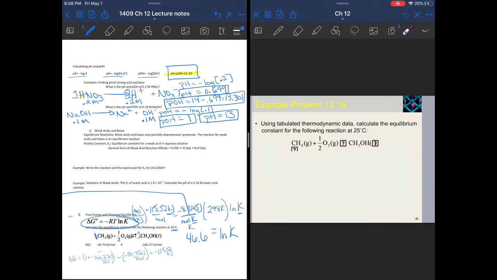To rearrange this to solve for K, we're going to say that K is equal to E to the 46.6. All right, that's how you're going to finish this problem and solve. And we're going to see that K equals 1.73 times 10 to the 20th. All right, a fairly fast reaction that we're looking at there for this particular reaction.